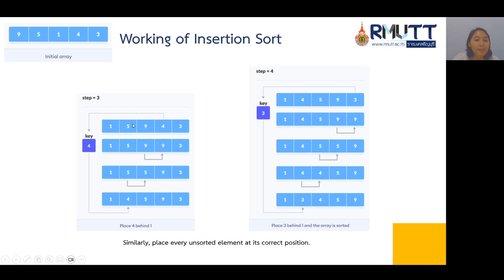process. Like before, now the 3 elements in here are sorted, and then go to the 4th element, and 4 is stored in key. After that, compare to the left element. If the key is greater, then move to the right side, and if this is smaller than the left element, then it will be swapped.